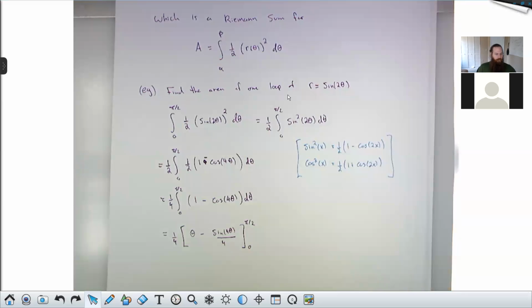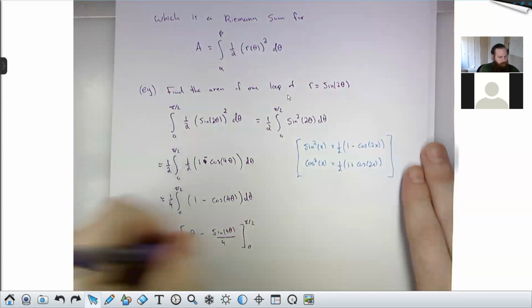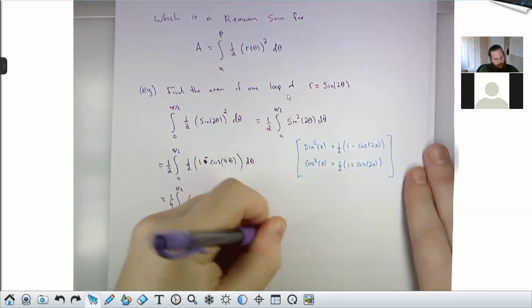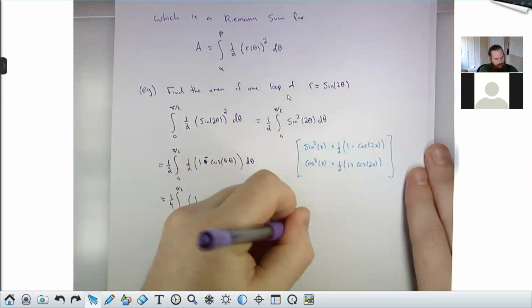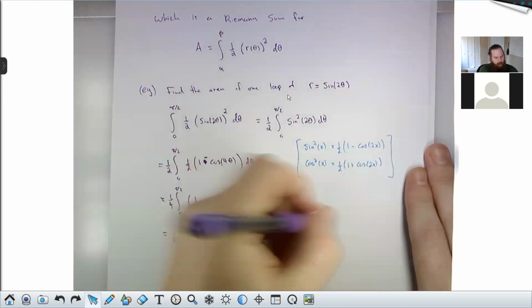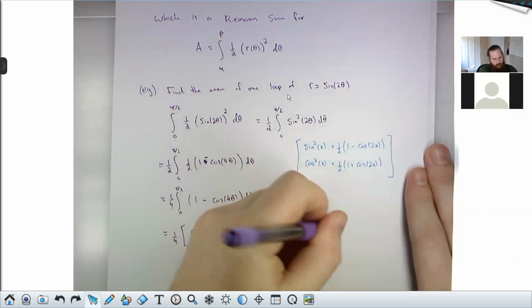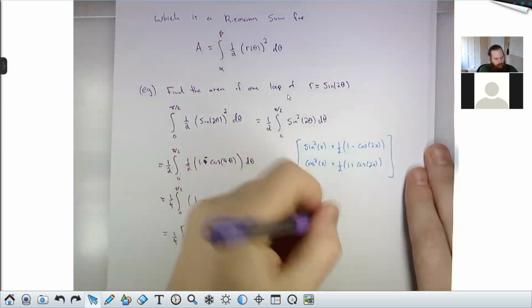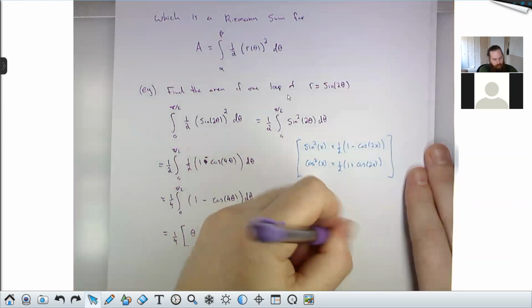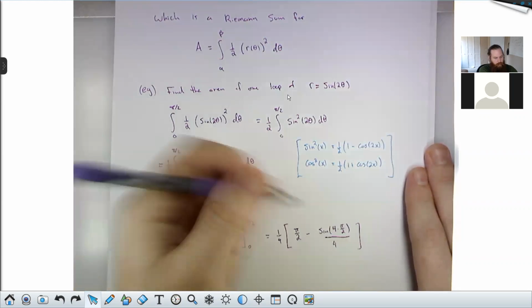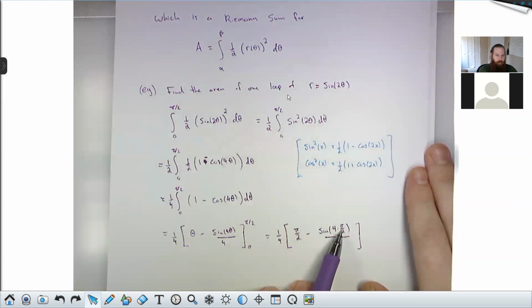At the lower bound 0, I have 0 minus the sine of 0 over 4. That's 0 minus 0 over 4. That's definitely 0. So the only interesting stuff comes from the upper bound, where I have 1/4 times pi over 2 minus the sine of 4 times pi over 2, all divided by 4. 4 times pi over 2 is 2 pi.